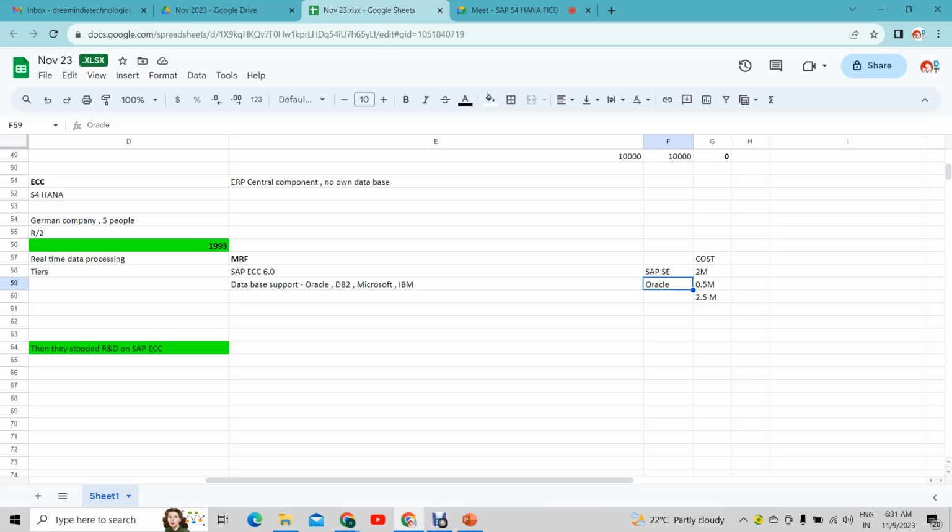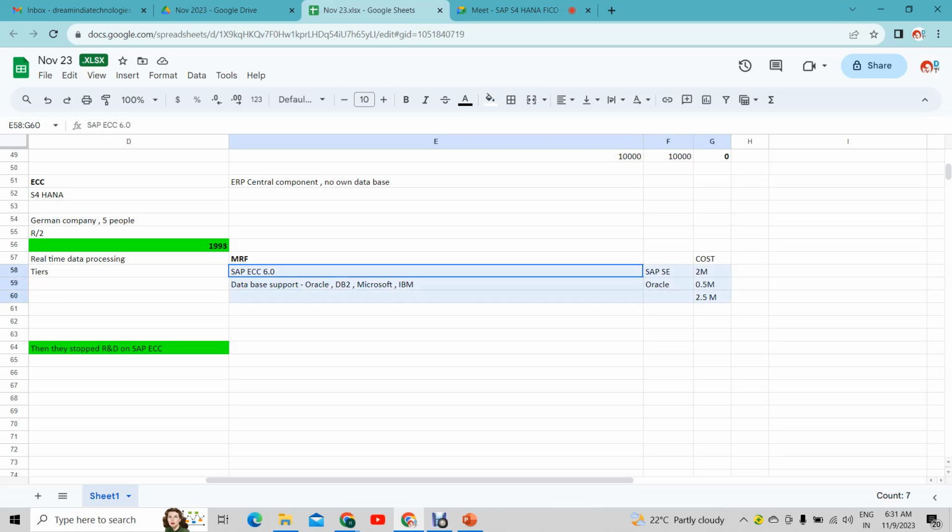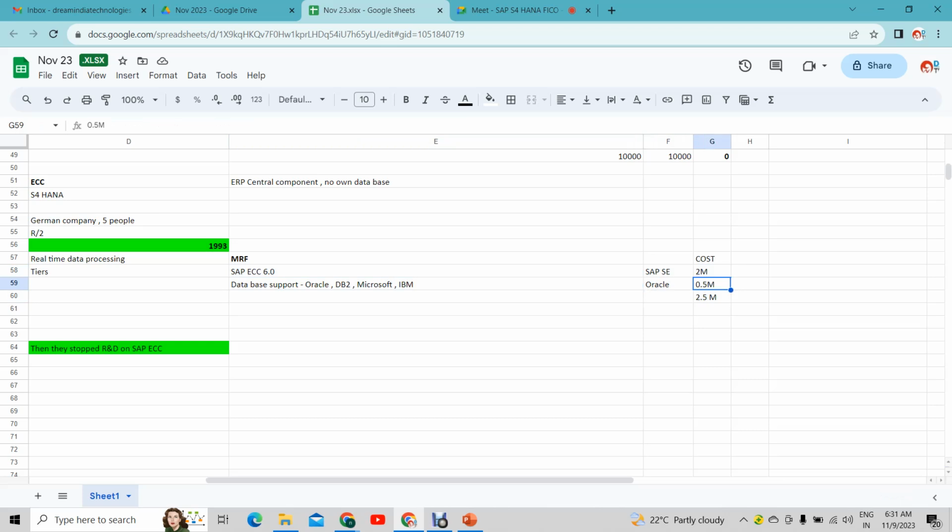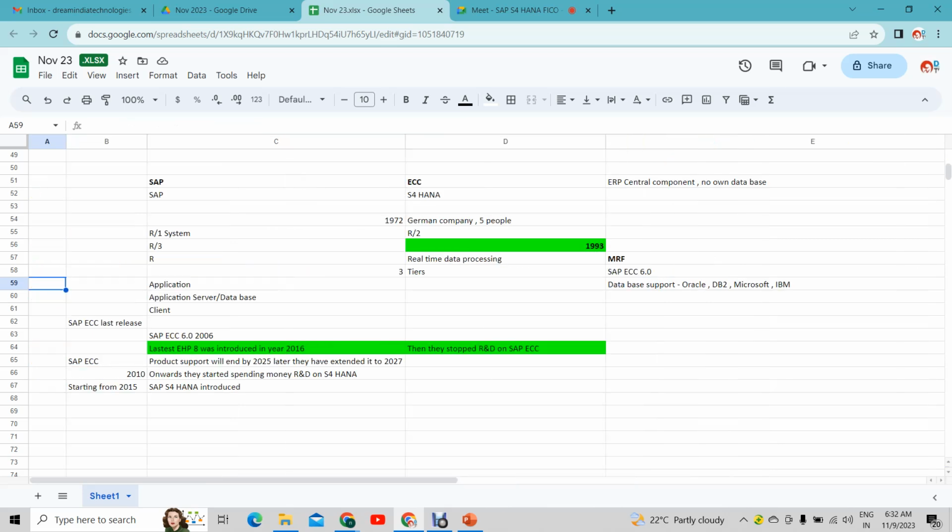Then SAP thought, because I don't have my own database, first, I am losing my business. Second, whatever business I have, I am giving a part of the share to another database company. Why can't I have my own database and stabilize the system so that I have more customers and can increase my business? That was the big thought they had, and in 2010 they started R&D on a new product.